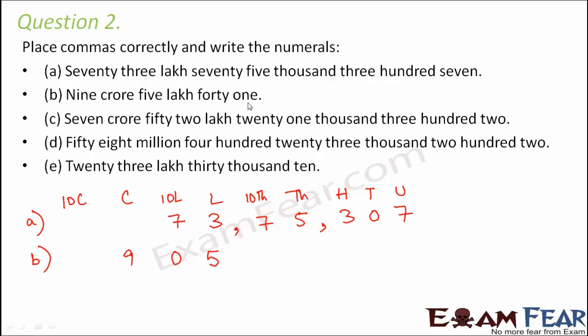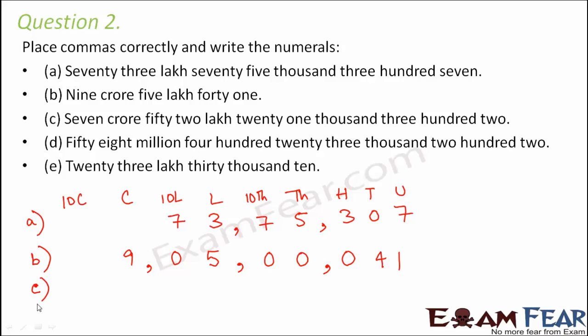And 41 would be in the tens and units place, right? What about the thousands place? They are going to be 0. The hundreds place is also going to be 0. Now when you have to place the commas, where will you put them? They should separate the crores, lakhs and the thousands. So this is how you would place the commas.